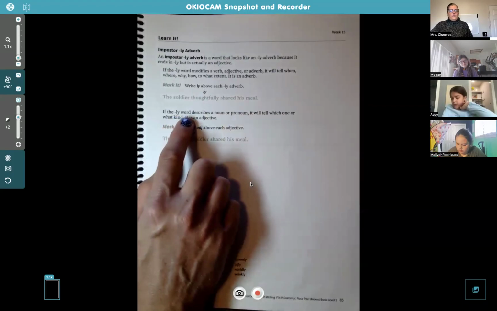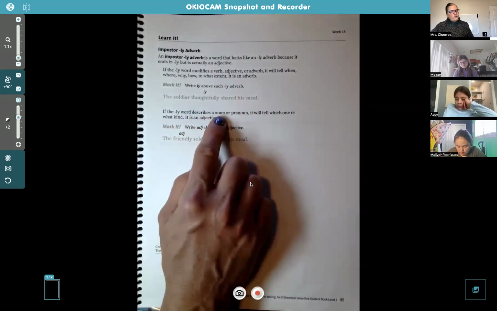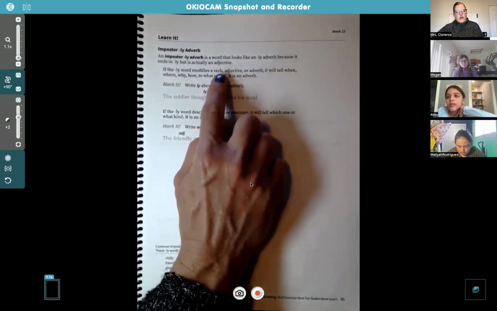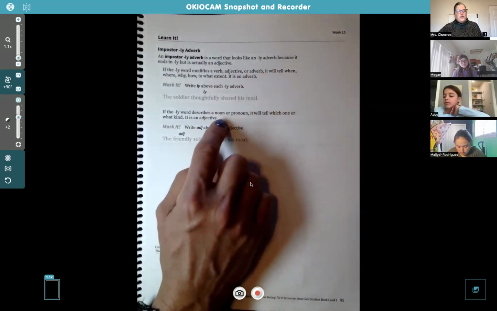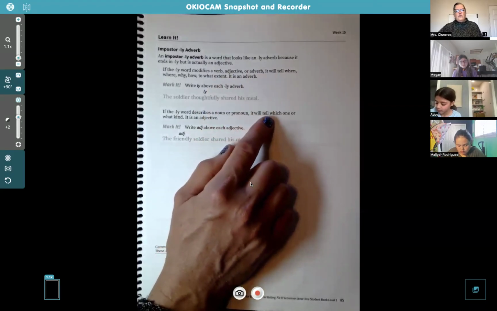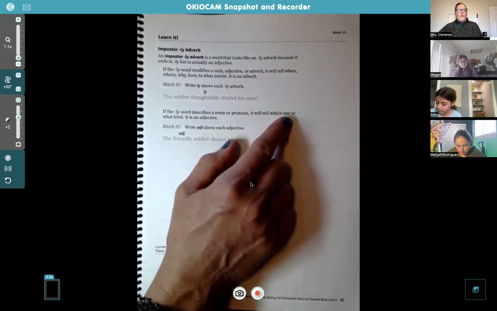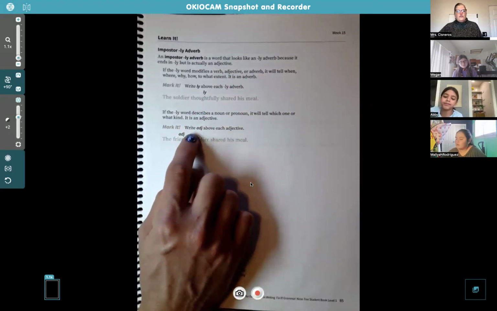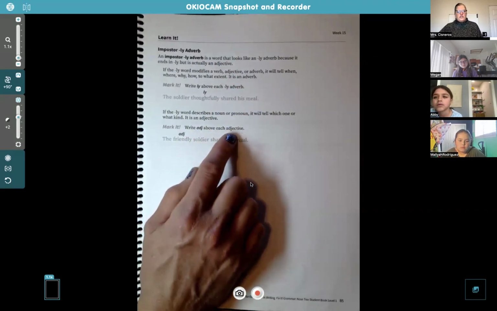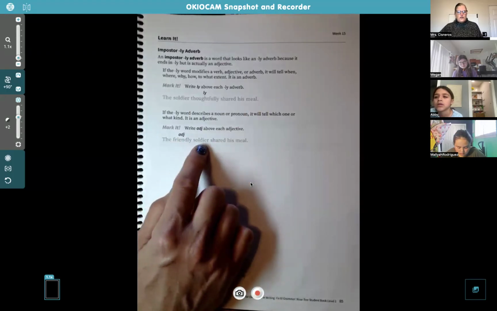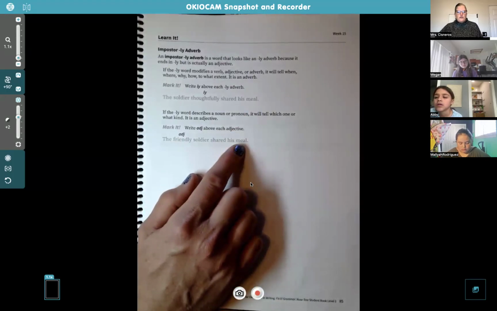If the ly word describes a noun or a pronoun, that's different because remember, this is about verbs, adjectives, or other adverbs. But if it describes a noun or a pronoun, it will tell which one or what kind. It is an adjective. So for these, you're going to write ADJ above each adjective. Look at this example here. The friendly soldier shared his meal.